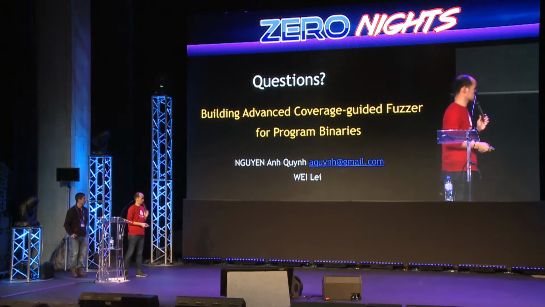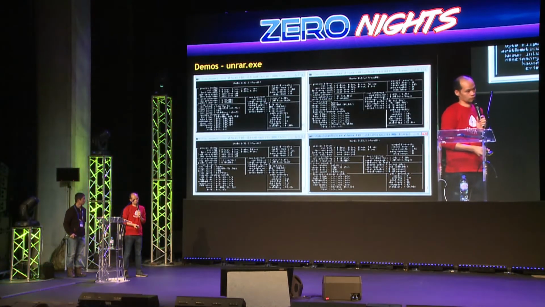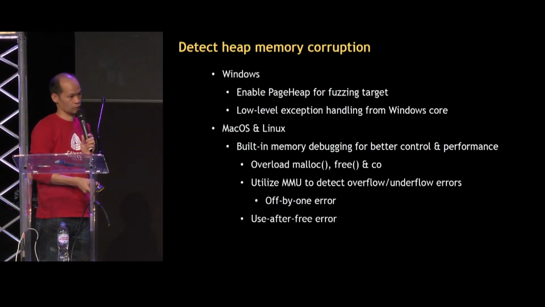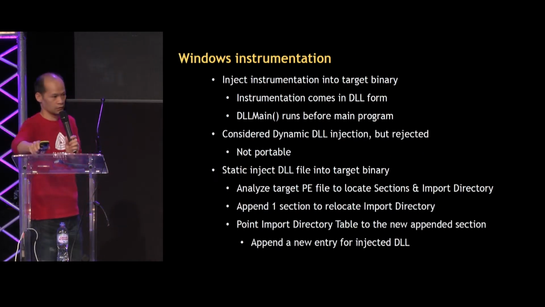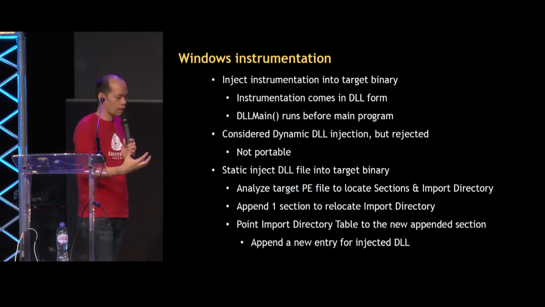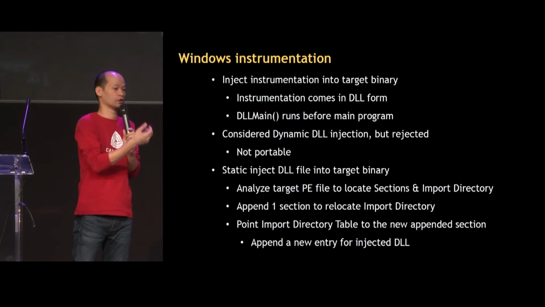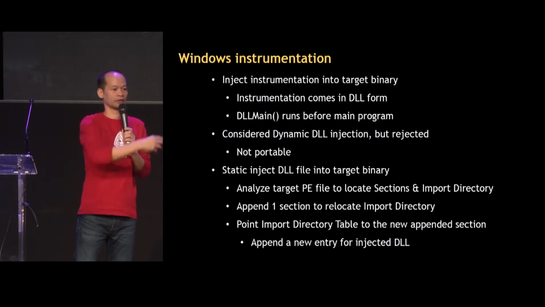Okay, I'll go back to that slide. There are several techniques to do it. It's APC or patching the original, as far as I understand. Okay, so the point is that our instrumentation comes in the form of a DLL, right? But still, how to inject the DLL into the target binaries. One way is that you monitor all the processes running, so when this one comes up, you inject, right?